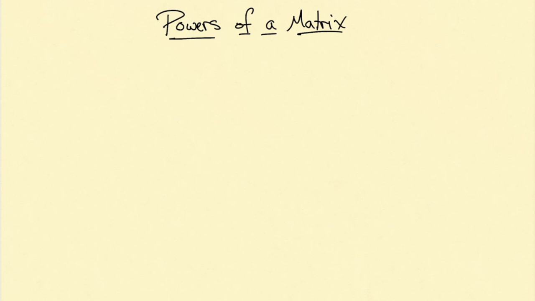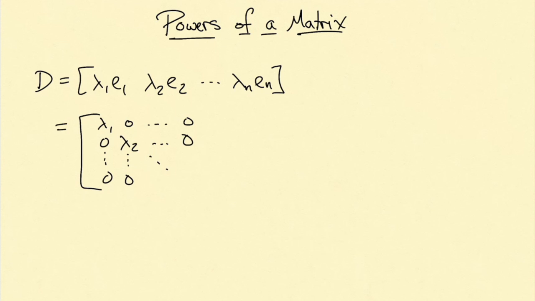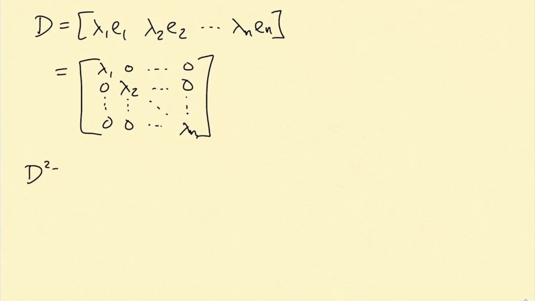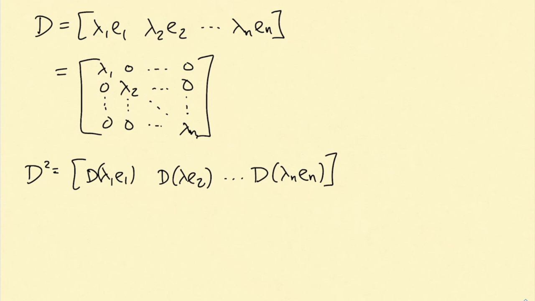let's start off with a diagonal matrix. Our matrix D has entries lambda 1 through lambda n along the diagonal. If we wanted to compute the square of this matrix, then it's not hard to see that D squared is D lambda 1 E1, D lambda 2 E2, down to D lambda n En.